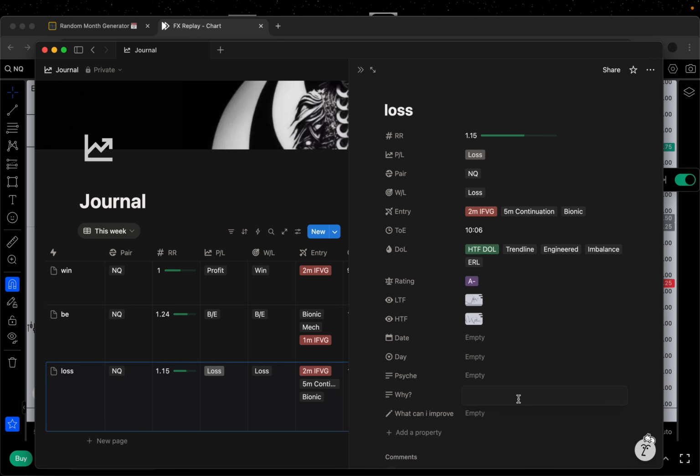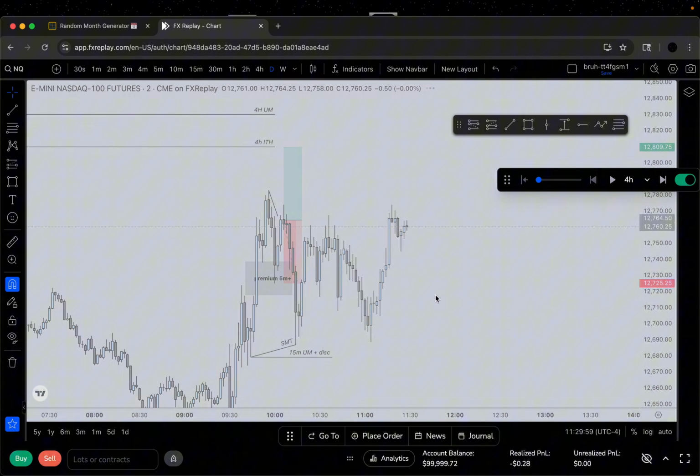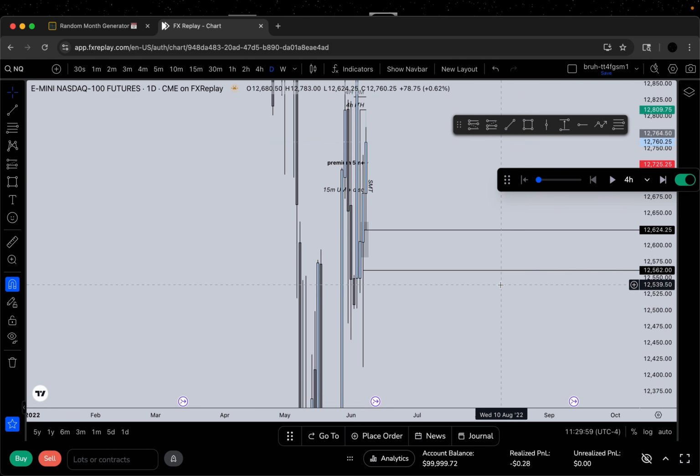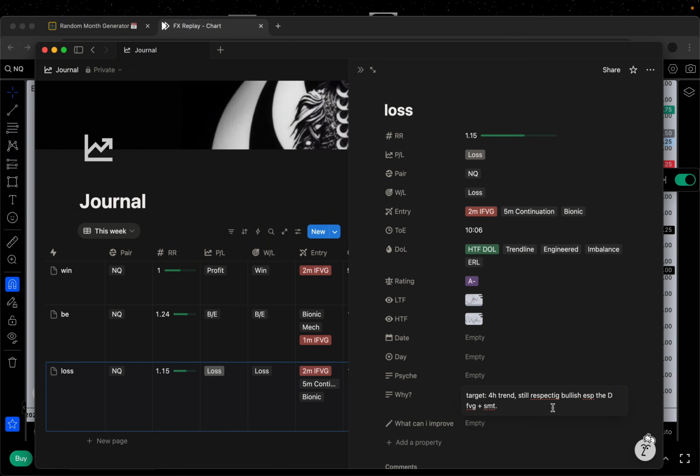So the Y. Let's do the Y on our target. Why is this a good target? Well, 4-hour trend still respecting bullish, especially the daily fair value gap, plus SMT. And with these, I kind of just yap to myself. I know we have a daily SMT, so I might just say daily SMT, and that's how I know.